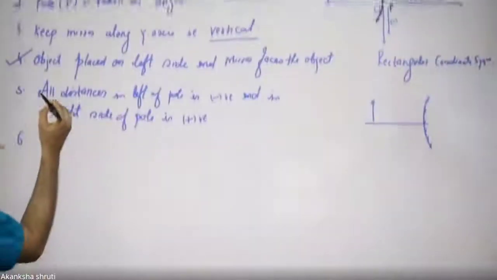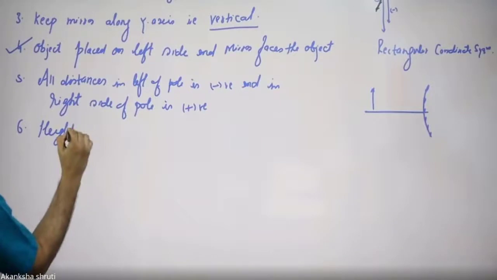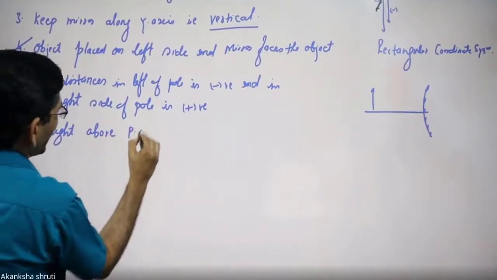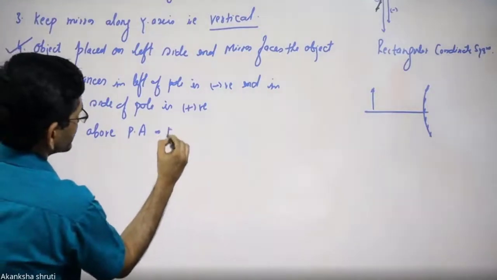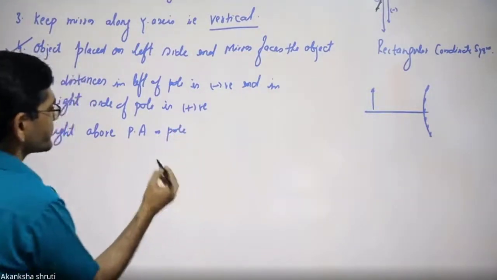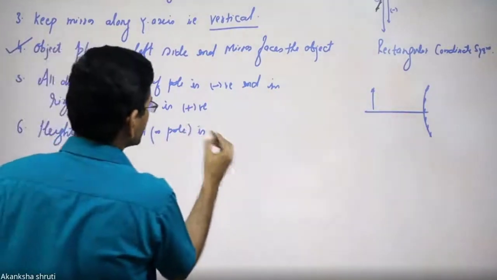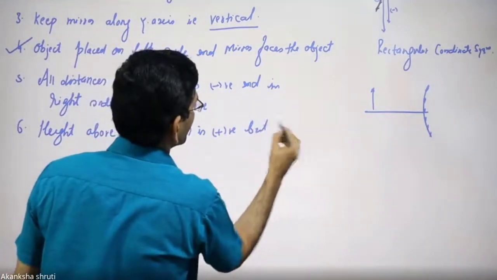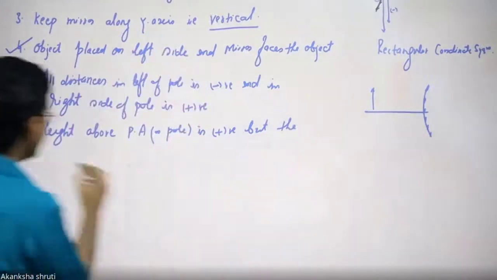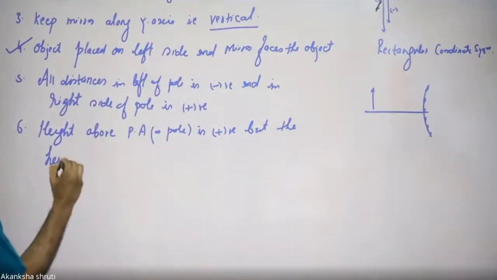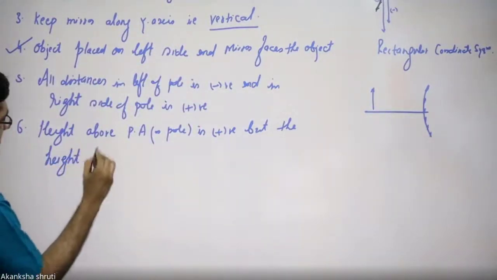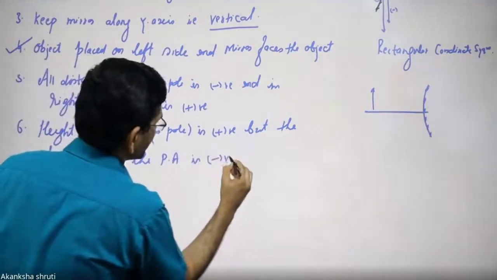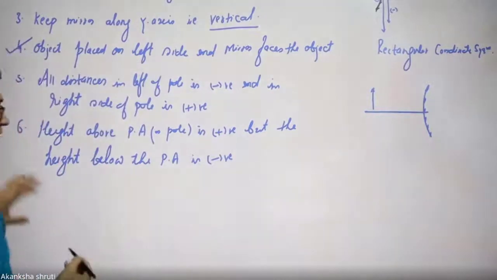So write height above principal axis, or you may consider this as the pole also, is positive, but the height below the principal axis is negative. Okay, students, these are the conventions.